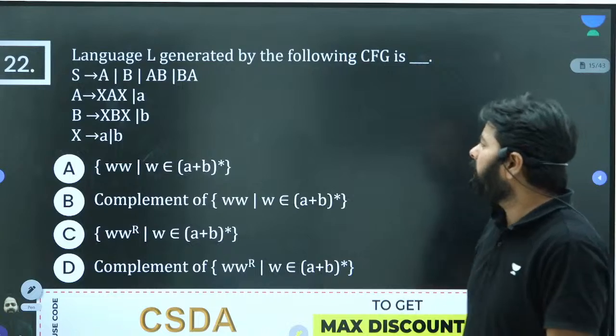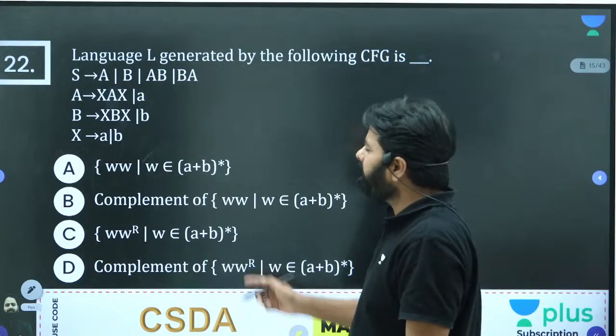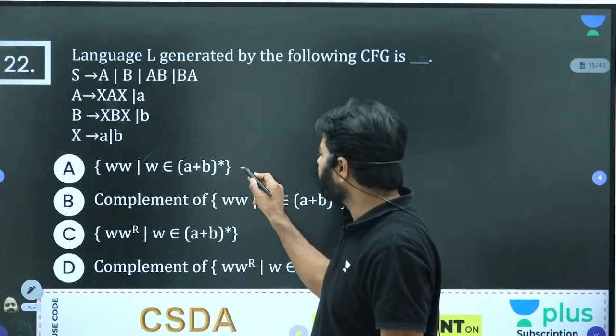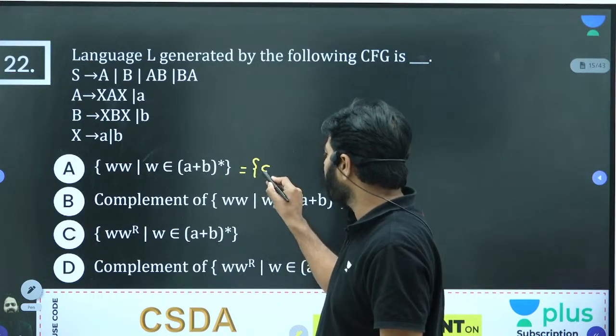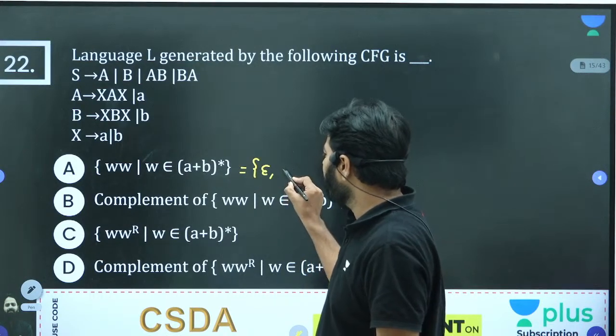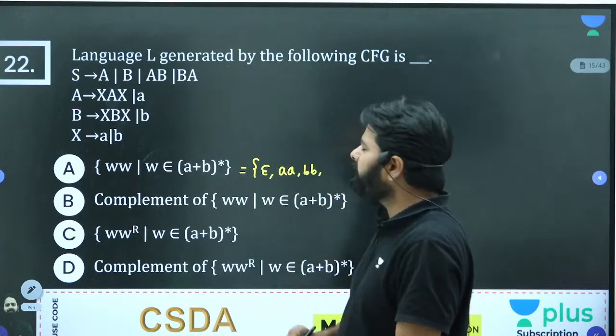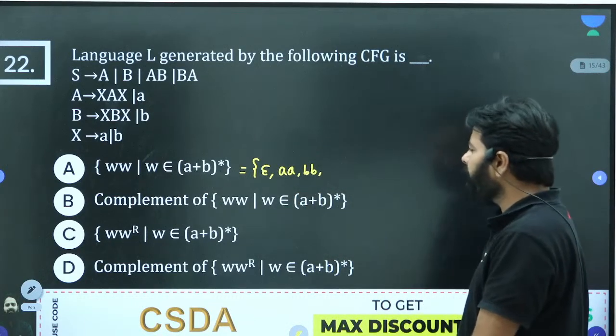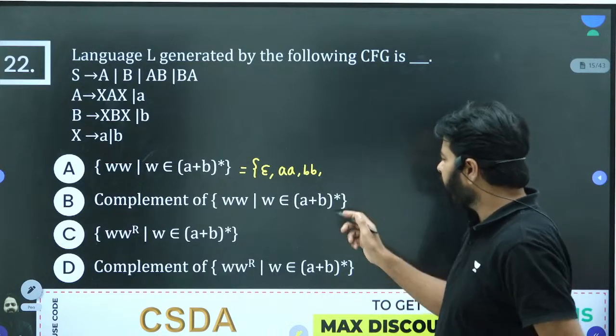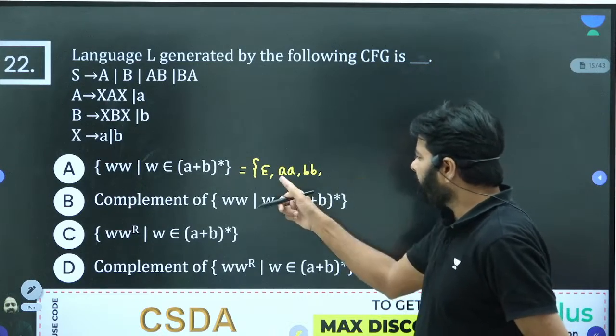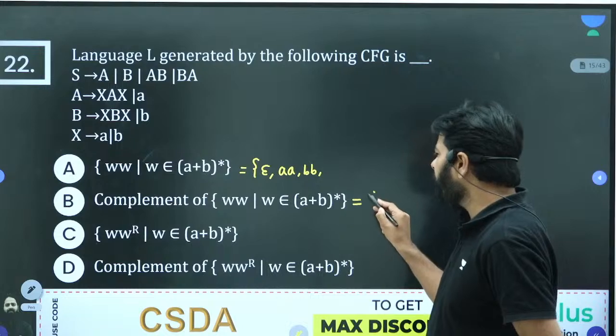How? If you look at each option, what are the strings you will have? Epsilon, next double A, next double B. Take up to 5 strings, because up to 3 strings so many will match. Let's see this one also. If it is WW having this, its complement will not have this, right?